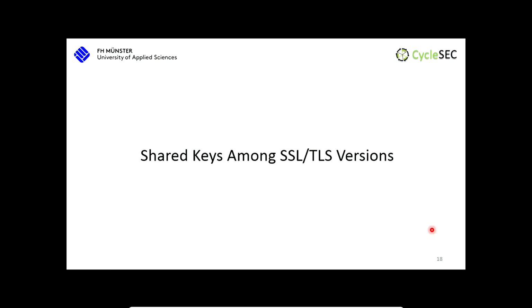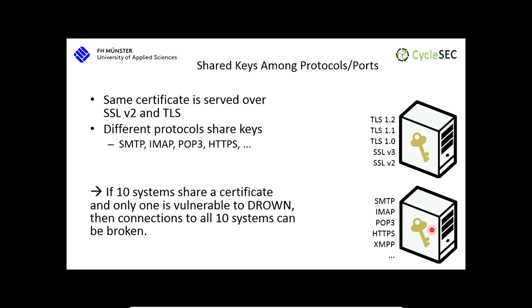So let's look at how people use SSL and TLS, how they configure it. When you set up a new server using Apache or Nginx or IIS or whatever, at least to my knowledge, there's no way of saying that if a client comes in and connects using TLS 1.2, then he gets key A, and when he connects with SSL version 3, he gets a different key.